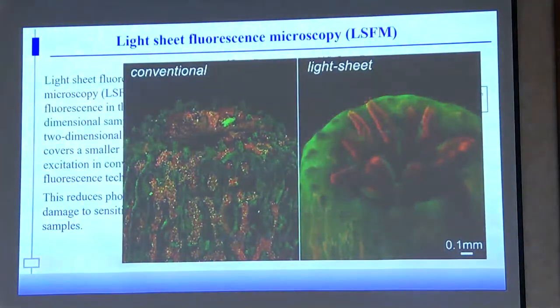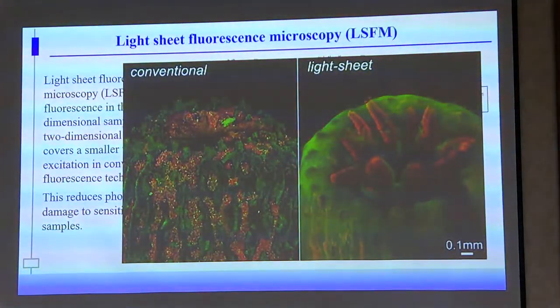And when it comes to imaging, you can see clearly the difference, how beautiful the image is that you can get with LSFM compared to standard confocal microscopy. On your right-hand side, this is from the LSFM and this is the conventional one. It looks very clear and provides an image of a cell without any damage.